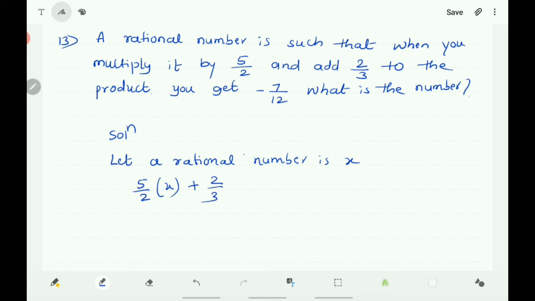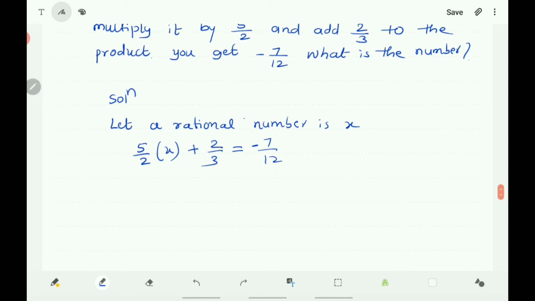So that equals minus 7 by 12. Here x is multiplied by 5 by 2, and to this product 2 by 3 is added, and the result is minus 7 by 12.